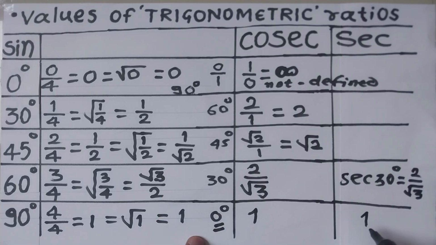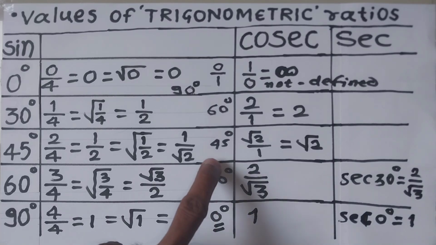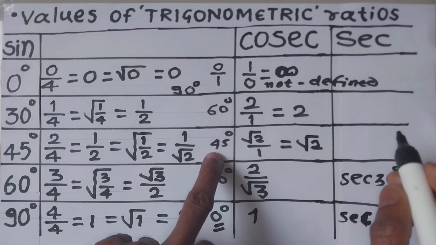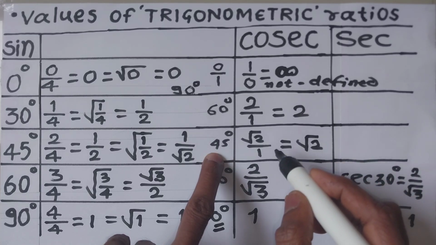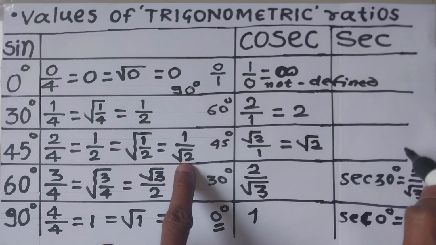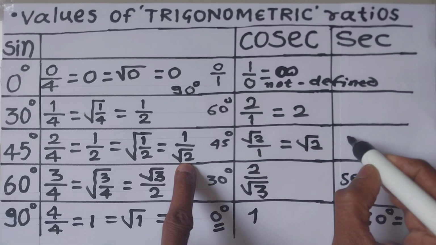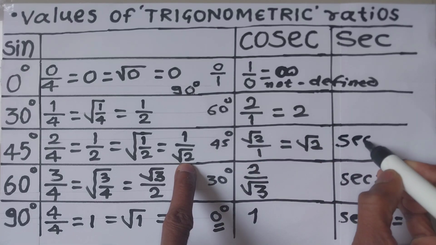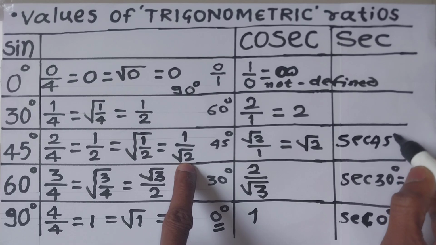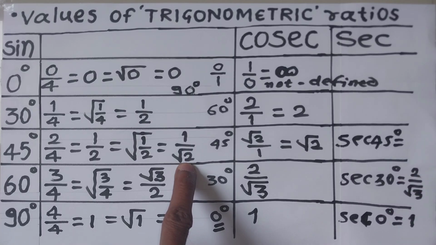And sec 0 degree is equal to 1. Now sec 45 degree is the multiplicative inverse of 1 upon root 2, means sec 45 degree is equal to the multiplicative inverse of this 1 upon root 2, which is root 2.